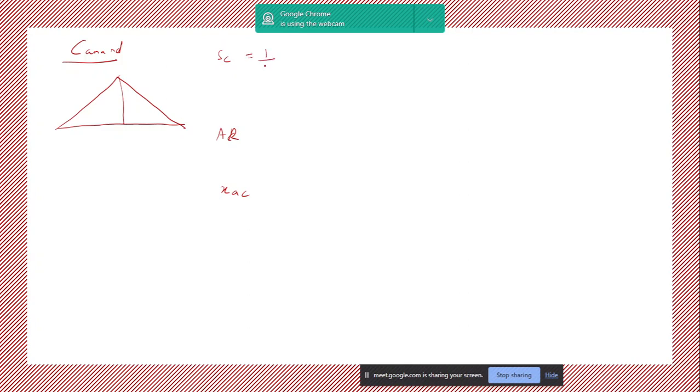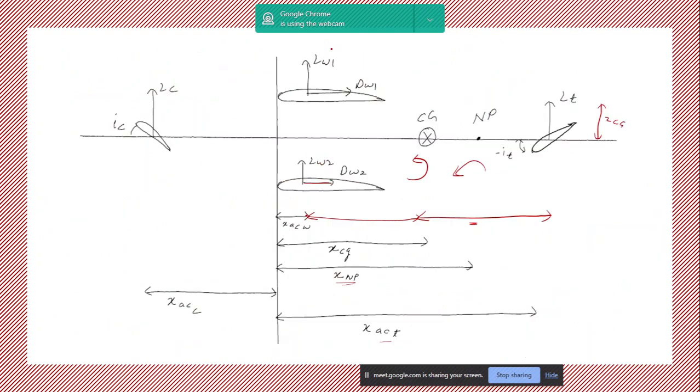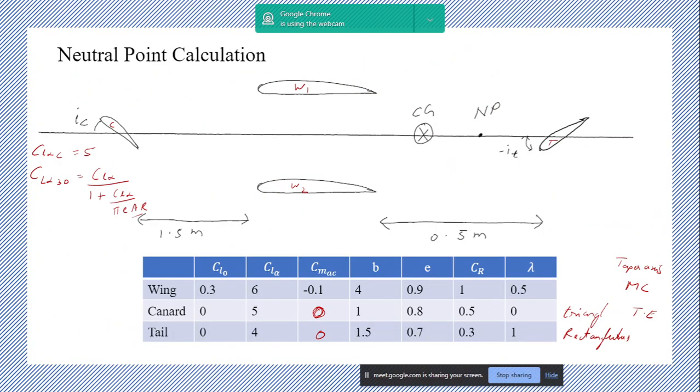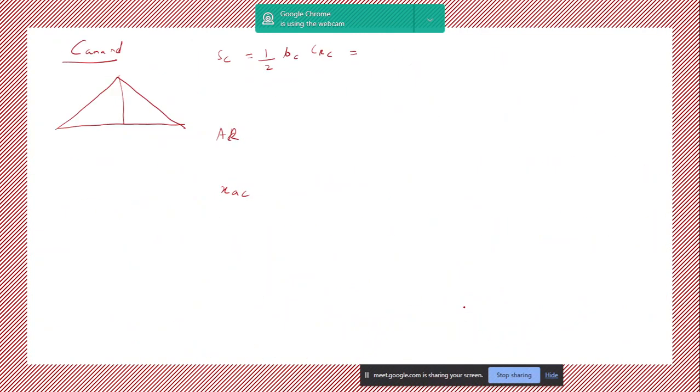It's just a triangle. Half. Okay, the span B of the canard and height was CR of the canard. Okay, let me just go look at the values. B was 1 and CR was 0.5. So it's 1 by 2 into 1 into 0.5.